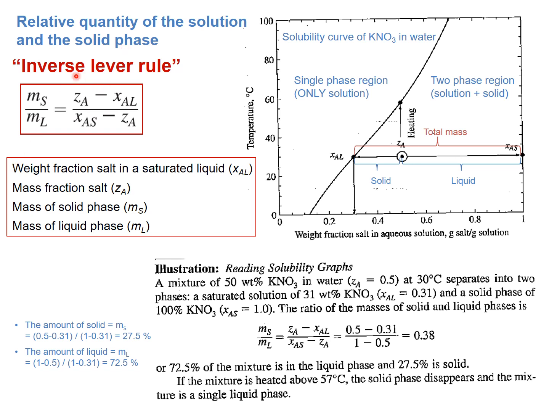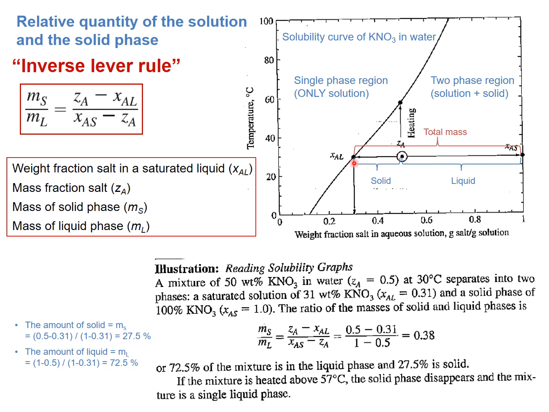So let me try to calculate the amount of solid and the amount of liquid. Forget this equation. It is not very useful. Just try to read the values from the temperature composition diagram. Okay, let me start. I'd like to estimate the amount of solid.